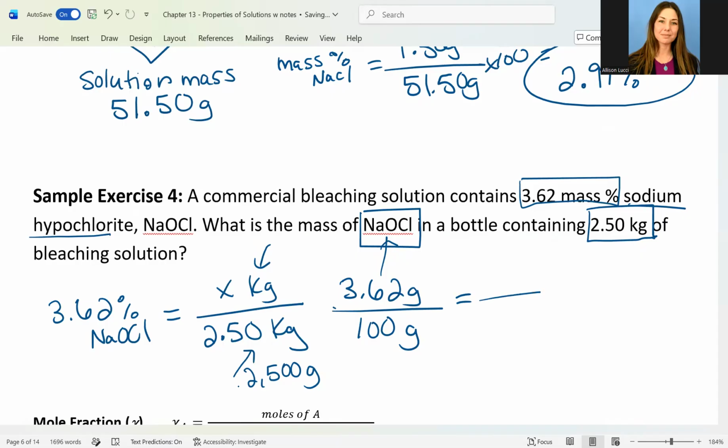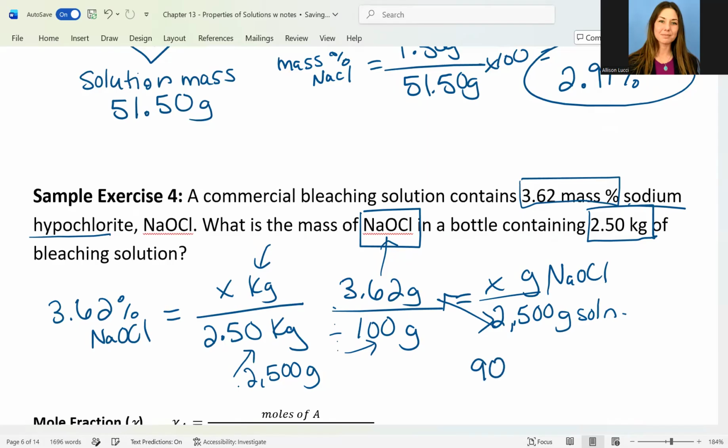I could set that equal to my X grams of NaOCl over my 2,500 grams of solution. So now I would cross multiply these terms, divide by 100, and my final value in grams of NaOCl would be 90.5.